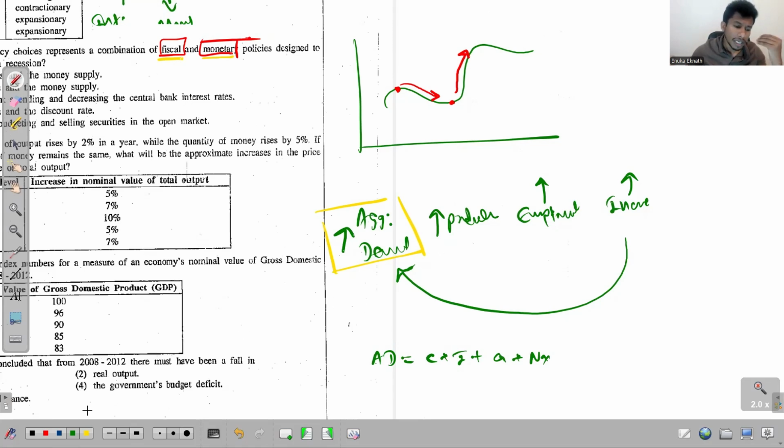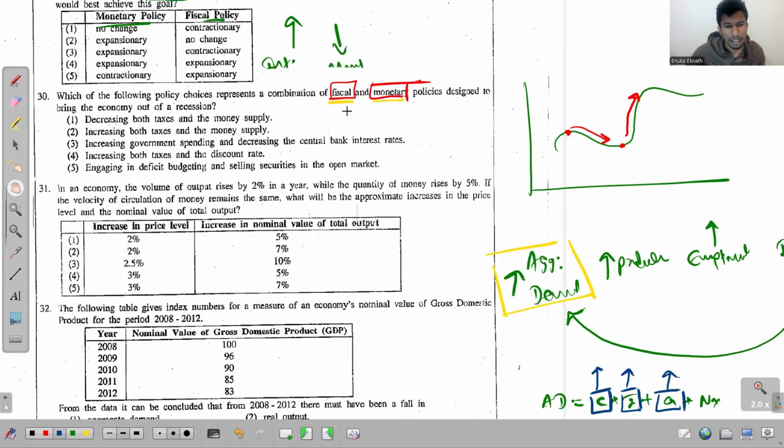So to increase it, they need to increase the government expenditure, and they can also reduce taxes, so that consumption and investment increase. So this fiscal policy must be expansionary in nature.